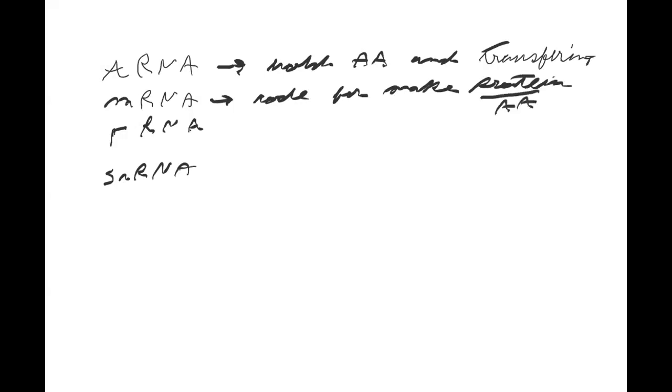The ribosomal RNA is the machinery that's reading the messenger RNA and also binding with the tRNA and some other factors to transfer this to make the protein.